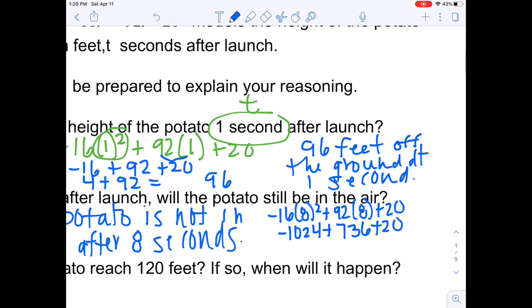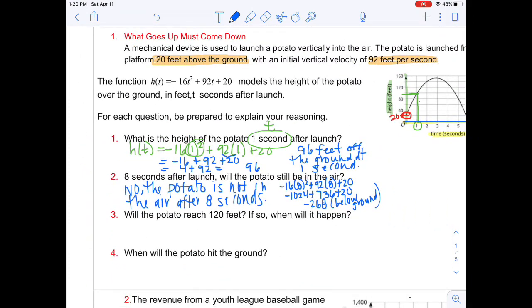When I combine all of that together, I get negative 268. So this would be below ground. That also proves that no, the potato will not be in the air after 8 seconds. Next question, number 3.